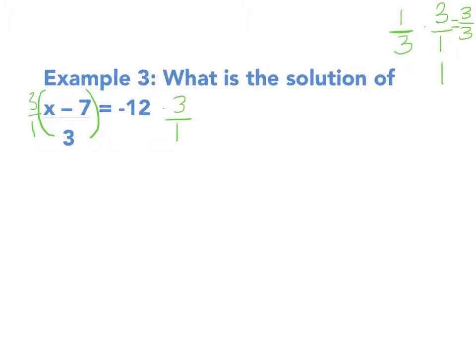So by doing this, I cancel out the 3's. I'm left with x minus 7 equals negative 12 times 3 is negative 36. Then I'm going to add 7 to both sides, so now I just have a regular one-step equation, and I get x equals negative 29.